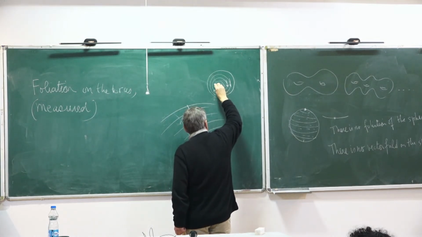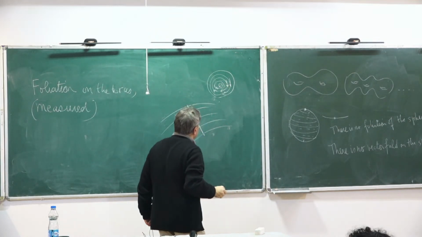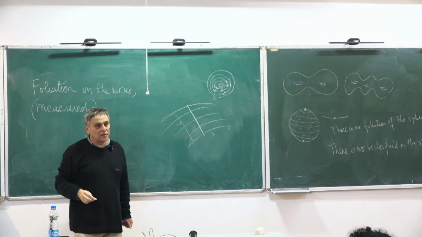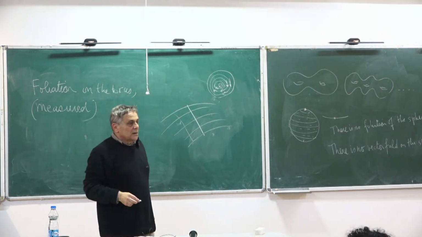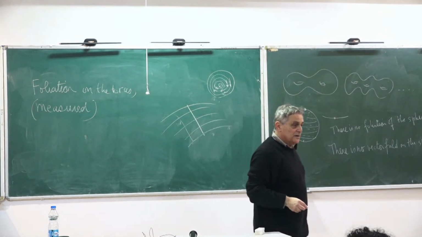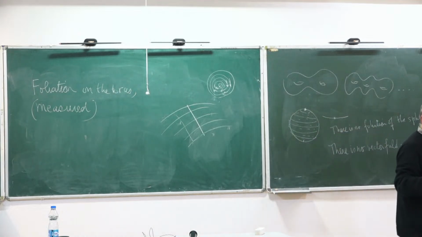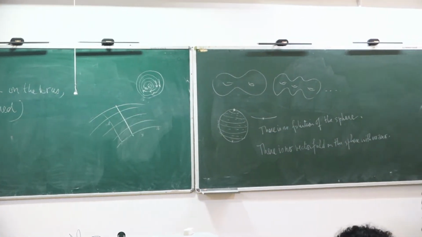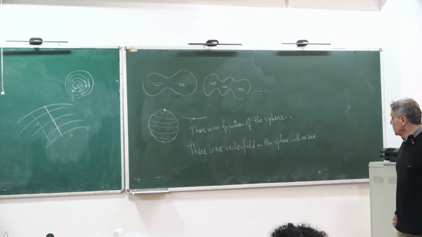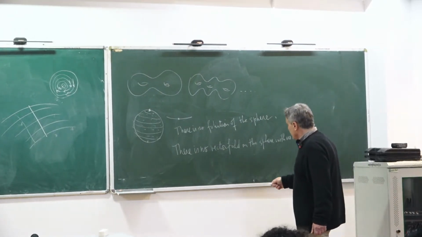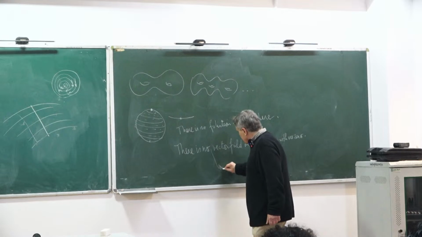At each point you have a vector and so on. And then the vector field has to have a zero somewhere or a singular point somewhere, okay? Yeah, continuous vector field. Yes, she is right. When I say vector field, I say continuous vector field. Yes, there is no foliation.